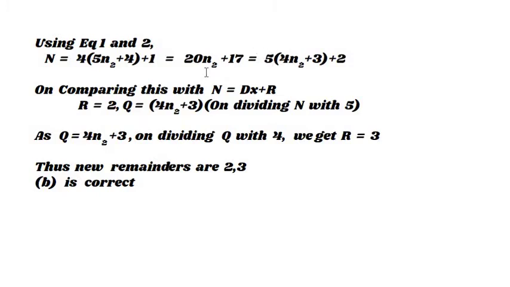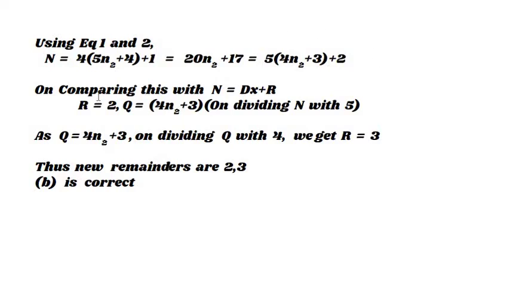Here we took 5 common, 5 into 4n2 plus 3. You can check that this expression is equal to that one. We broke 17 as 15 plus 2, and then we took 5 as common.